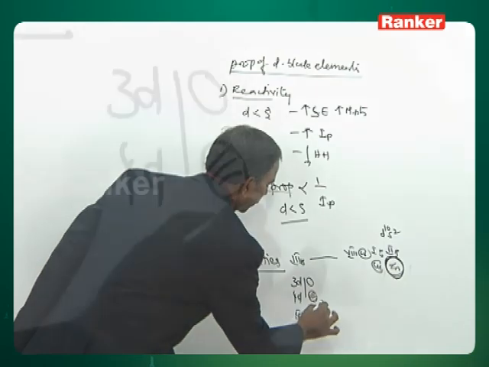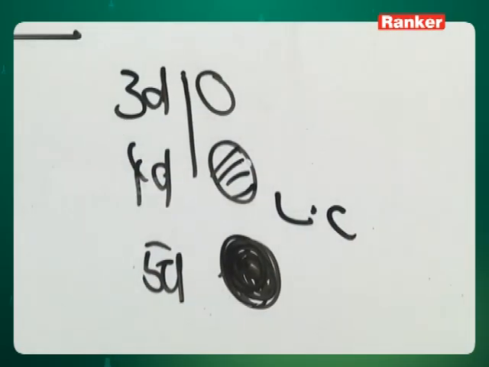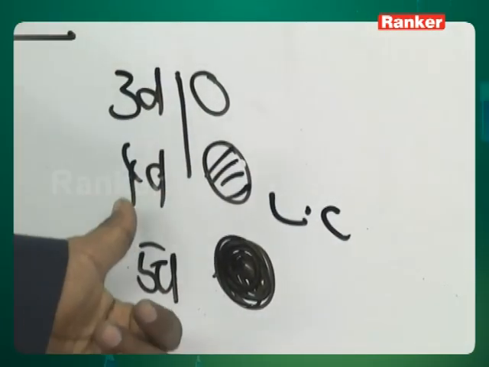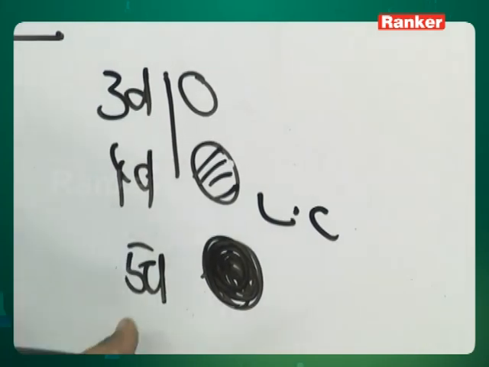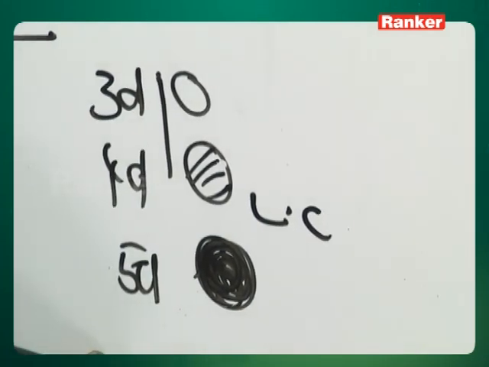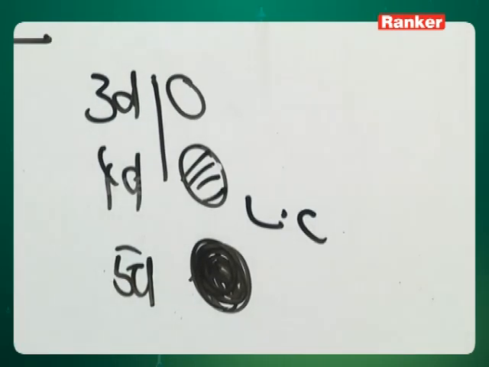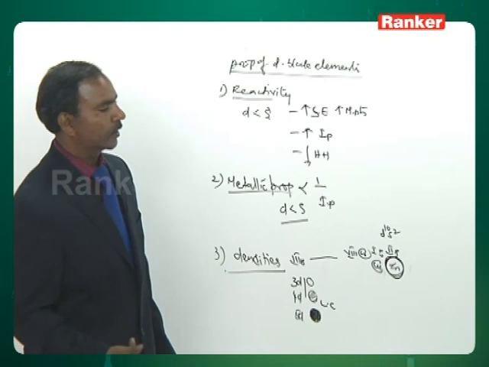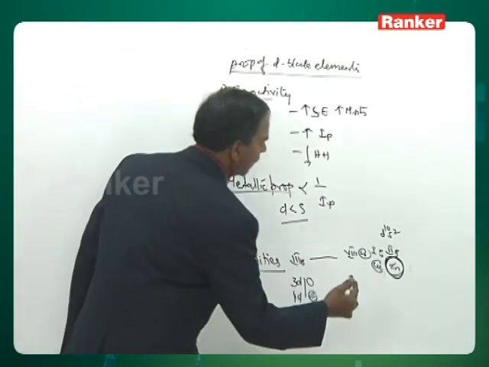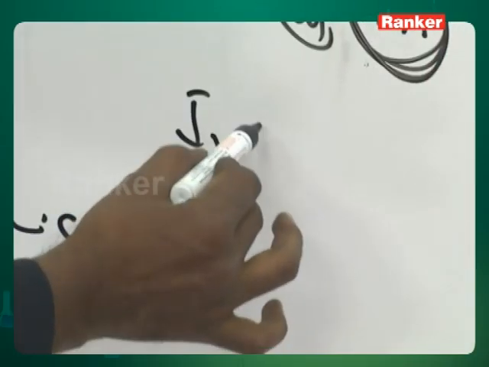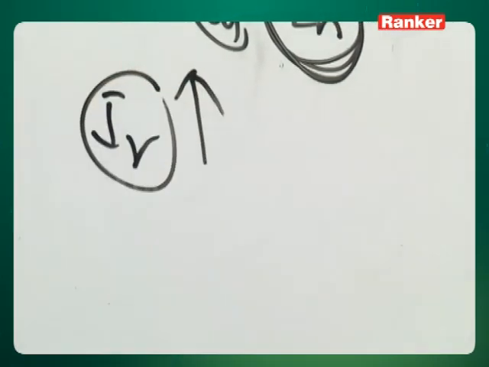This is due to what you can say, the lanthanide contraction effect. 3d to 4d, normal increase. 4d to 5d, abnormally becoming double. This is due to the lanthanide contraction effect. Next, among all the d block elements, remember iridium has the highest density.